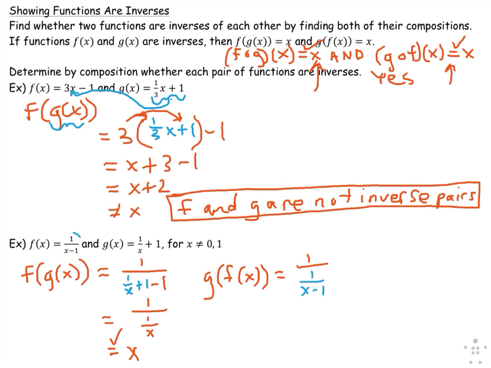So I'm going to take all of this and substitute it right there, wherever you see an x. Dividing by a fraction, multiplying by the reciprocal, and you can see we get x again in both cases. So yes, f and g are inverse pairs.